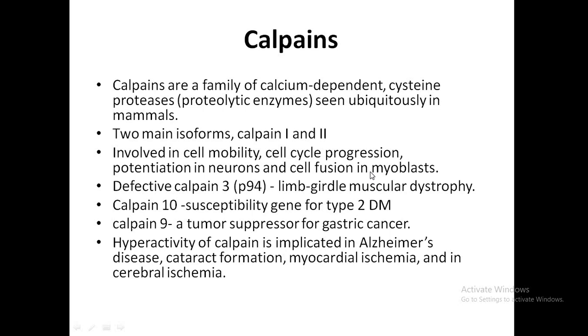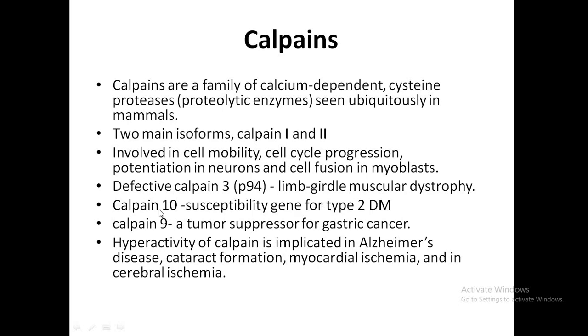Calpains are an interesting group of proteases. These are calcium dependent cysteine proteases, and these are present in all mammals. There are two main isoforms, calpain 1 and 2. They are involved in cell motility, cell cycle progression, cell fusion in muscle cells, etc. Defective calpain 3 has been implicated in limb girdle muscle atrophy.